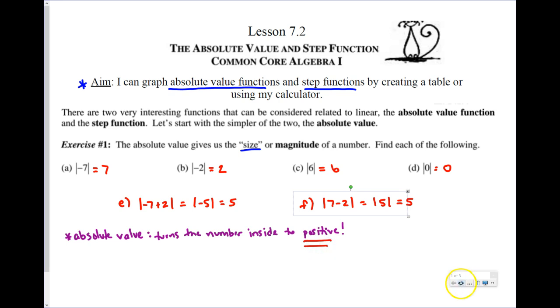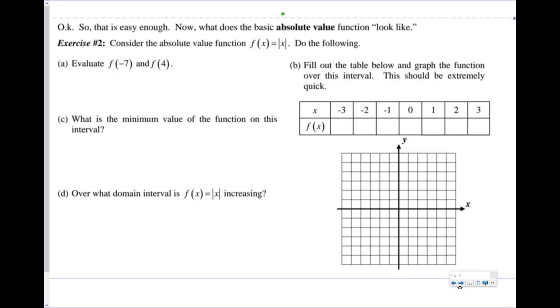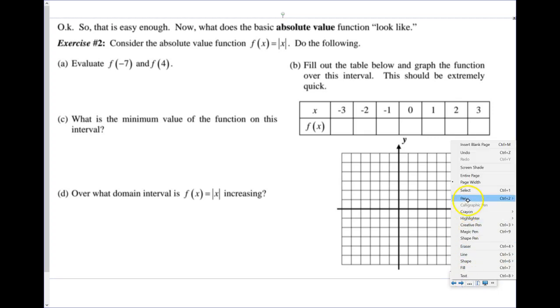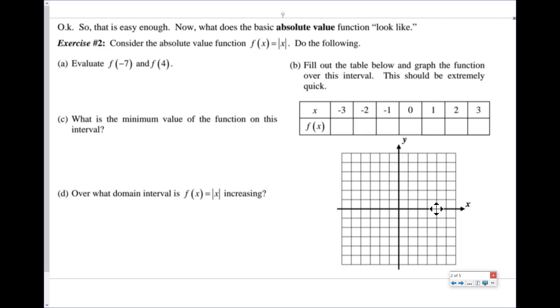All right. So let's take a look at exercise 2. That was easy enough. Now what does the function look like? An absolute value function is going to look very unique, and we're going to explore that in this exercise. So consider the absolute value function f of x equals the absolute value of x. Very basic. We're not adding anything or multiplying. Letter A says evaluate f of -7 and f of 4.